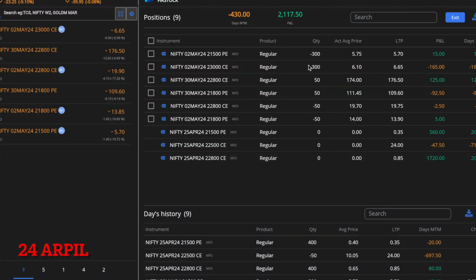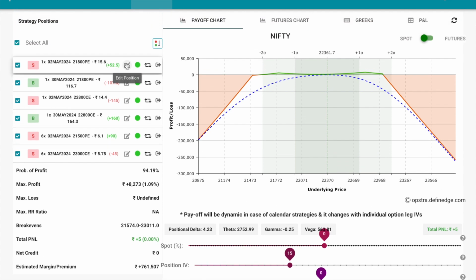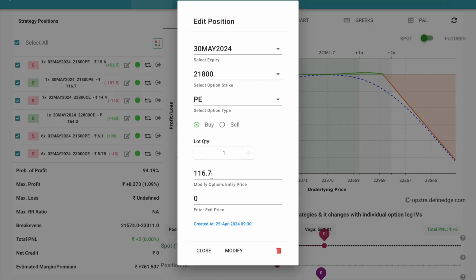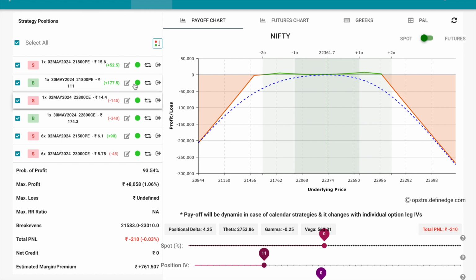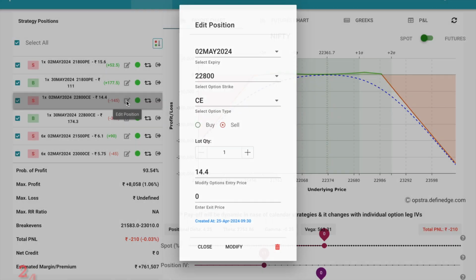Now the next step is basically 174 and 111. So this one we got at 111, and that one we got at 174. So this is at a higher price. 19.7 and 14, and here 14 is fixed.